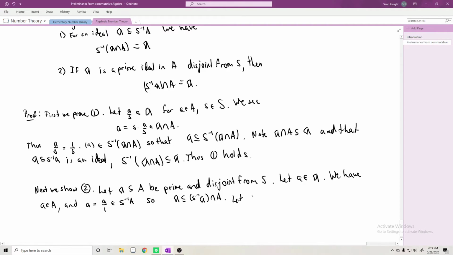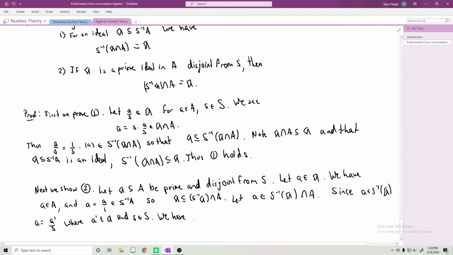So we're going to now do the other direction. We're going to let a be in S inverse 𝔭 intersect A. Well, since a is in S inverse 𝔭, we can write this as some fraction a prime over s, where a prime is in 𝔭 and s is in big S. So for an integral domain, this means that in terms of elements of A, we have s times a equals a prime.